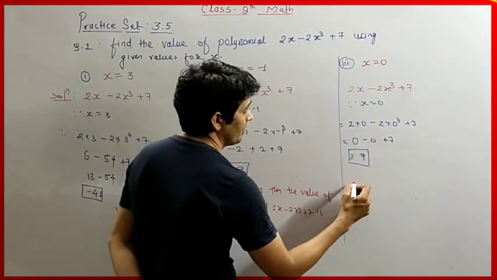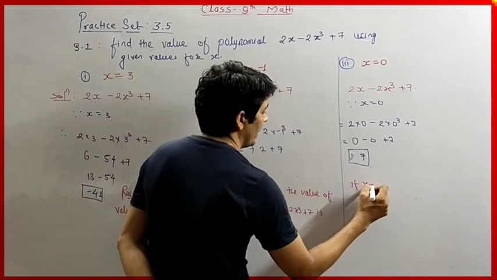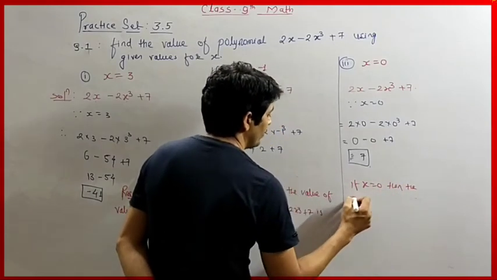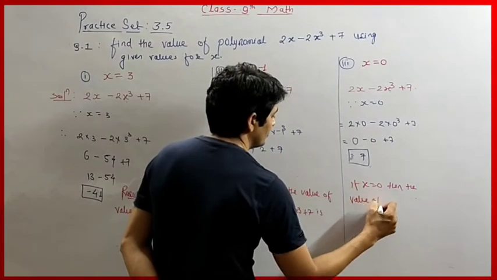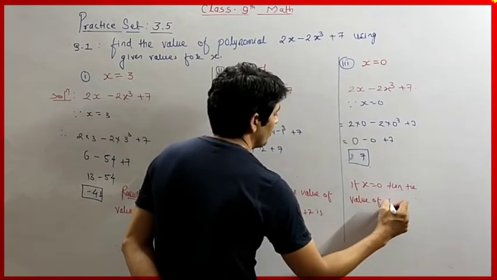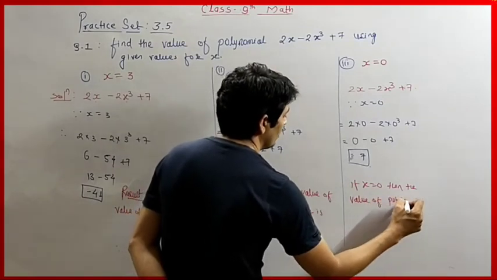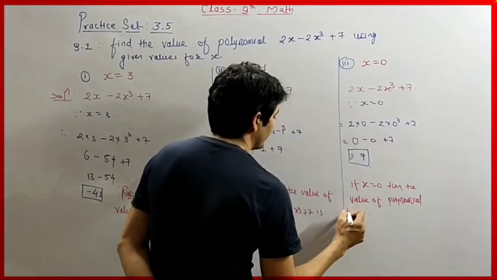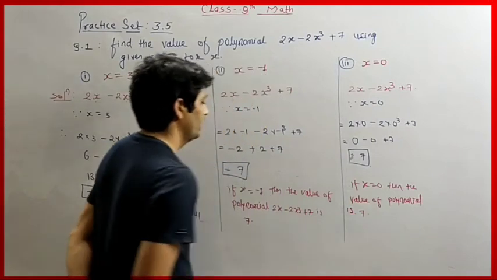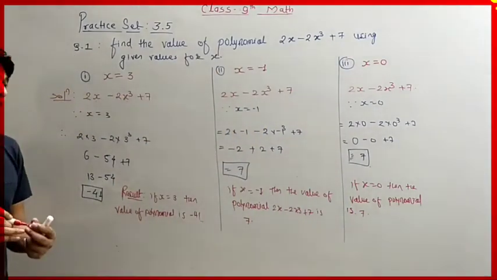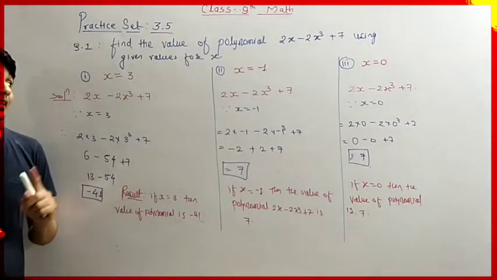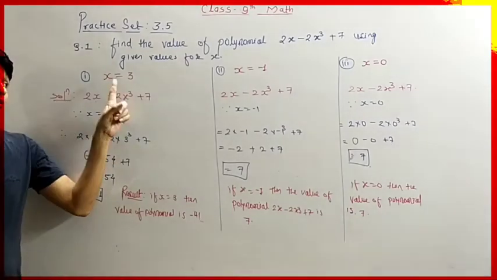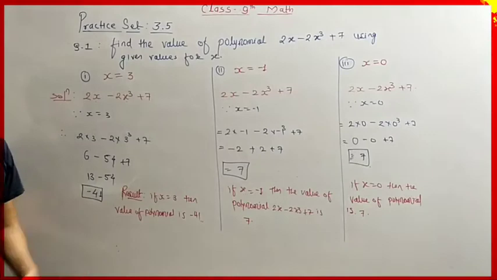And if x equals 0, then the value of the polynomial is 7. This is the way we have to solve the problem and calculate the value of the polynomial for the given value of x. So write down now.